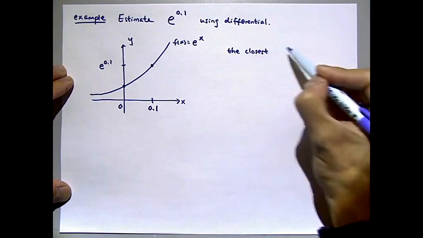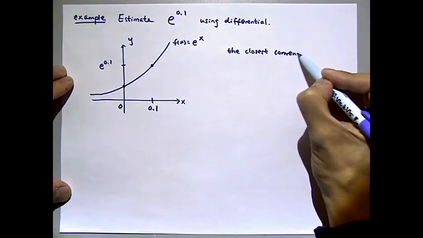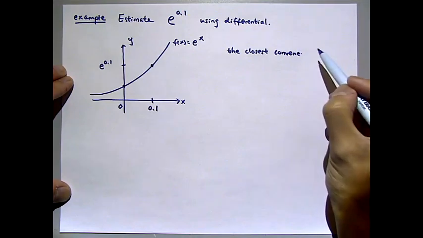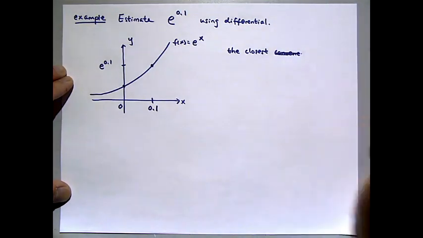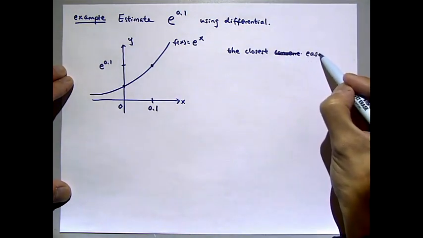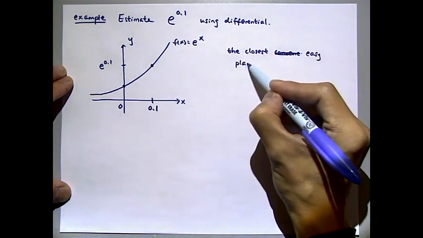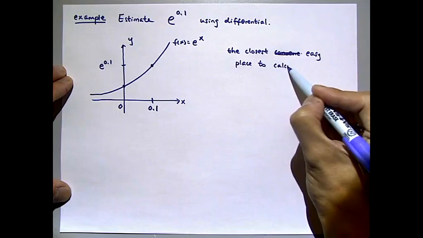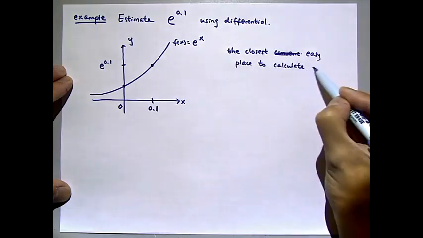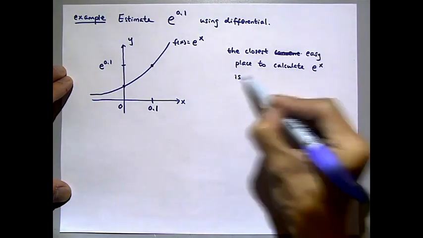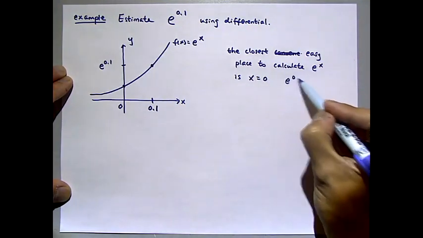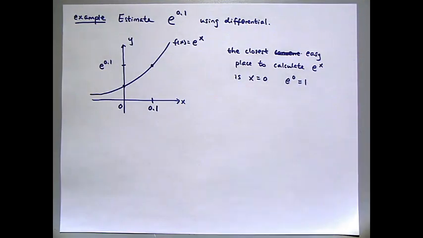The closest easy place to calculate e to the x is x equal to 0, because I know e to the 0 is 1. That I know for sure, absolutely sure.